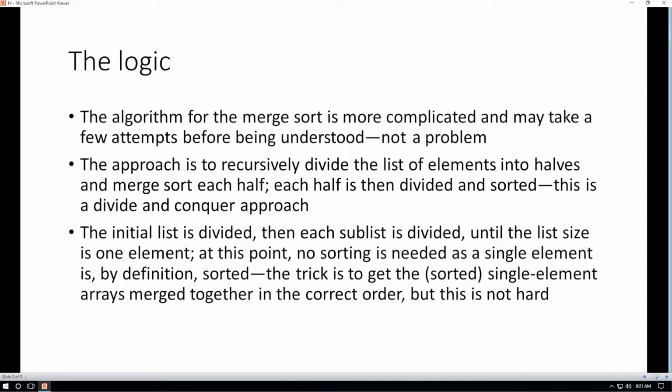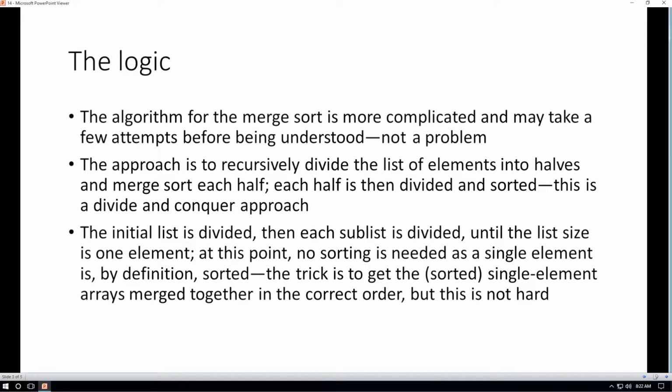Well, in a sense, the merge sort never sorts, oddly enough. It keeps dividing the data into halves until there's one element in each half. Now, by definition, one element is sorted because it is the only element. So we never actually get around to sorting in a technical sense.